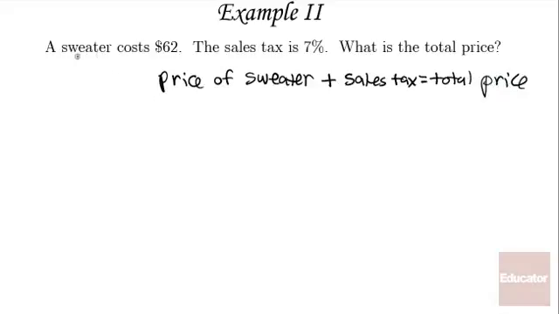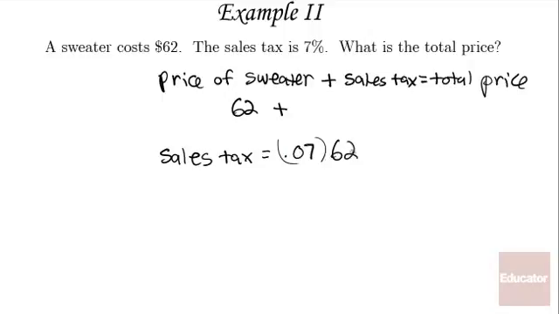So filling this in, the price of the sweater is $62. And then I need to figure out the sales tax. Well, if the sales tax is 7%, then it's going to equal 0.07 times $62, which comes out to $4.34.